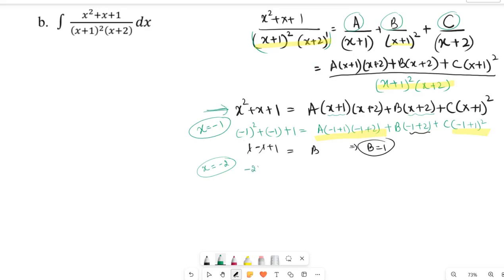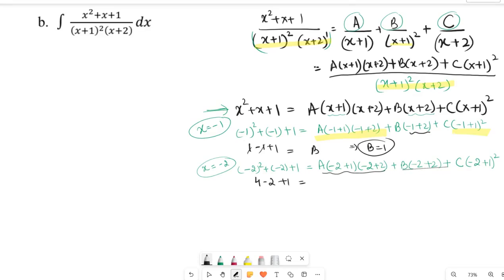Let's try that. (-2)² plus -2 plus 1 equal to, when I put -2 in place of x in the first factor, that is going to become 0 because there is -2 plus 2, plus this also is going to become 0 because -2 plus 2, plus c times (-2 plus 1) whole square. Let's see what this is. 4 minus 2 plus 1. This is going to become 0. This is going to become 0.